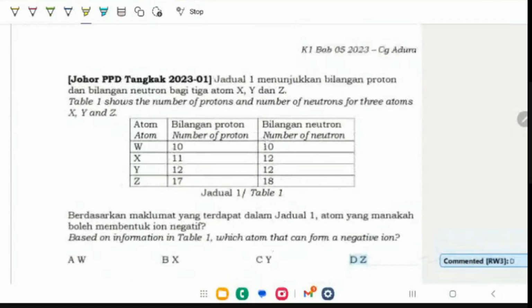Based on the information, which atom can form negative ions? Here, very simple.